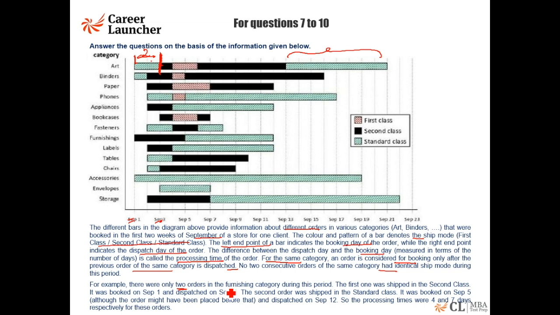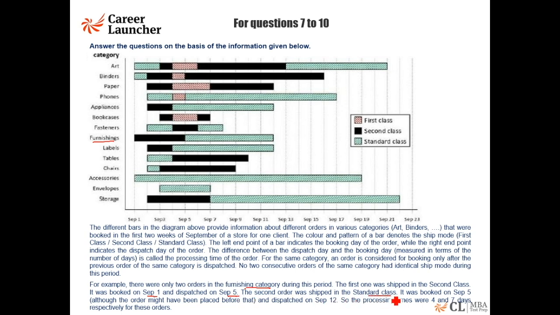For example, there were only 2 orders in the furnishing category during the period. Where's furnishing category? It gives you examples so that you can understand. Yes, there were only 2 orders in the furnishing category during this period. The first one was shipped in the second class. It was booked on September 1 and dispatched on September 5.